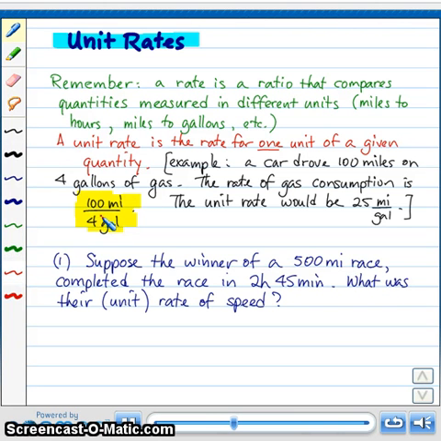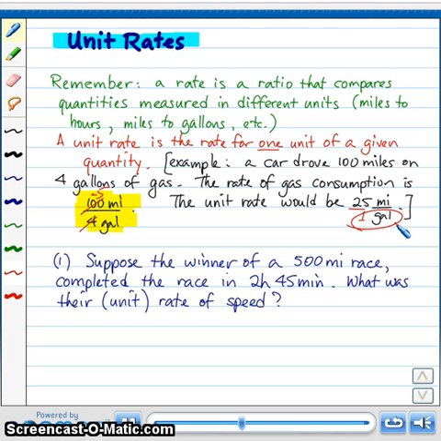So 4 divides into 100 25 times. The unit rate would be 25 miles per gallon. Notice now the denominator is actually 1 because I've divided 4 into 100. So it's 25 miles per 1 gallon. So a unit rate is one in which the denominator is equal to 1 unit.